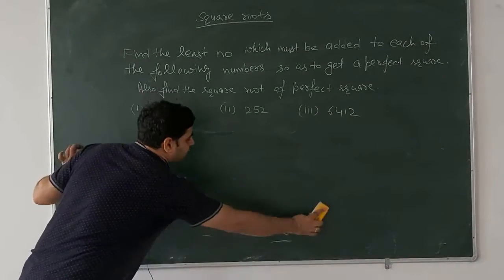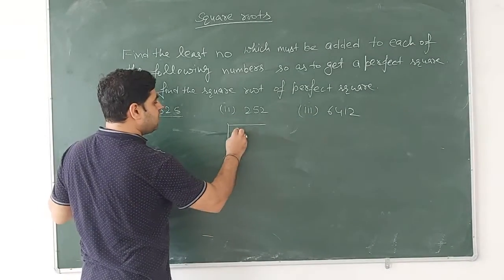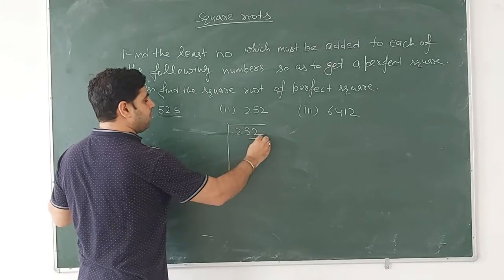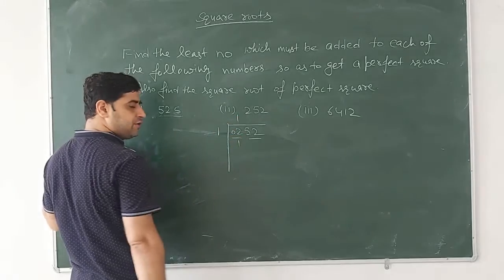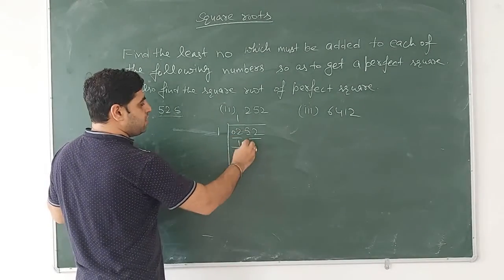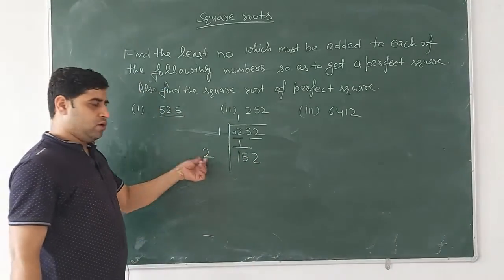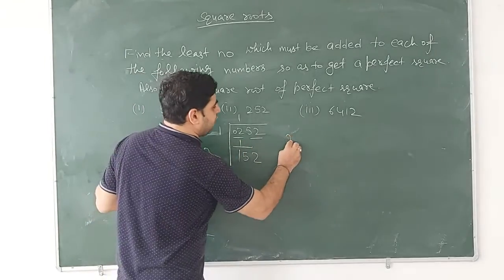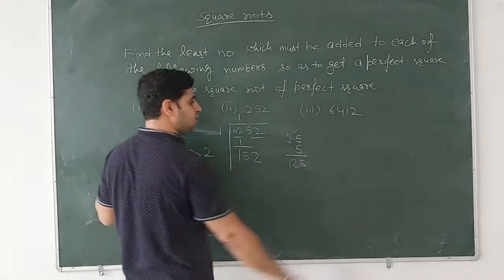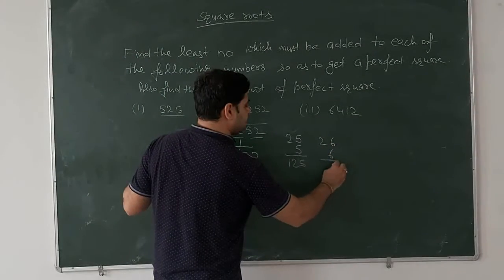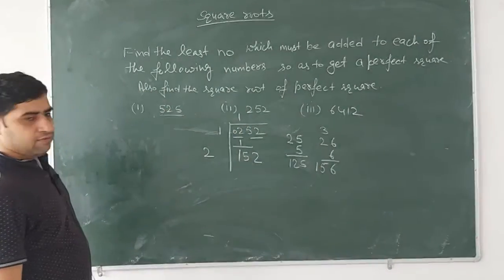The next question we have taken is 252. Make a pair again. Here 2 is there, so 1 square is 1, 2 square is 4. So 1 from 2 is 1, remainder 152. Here we write the same number, 5, 125, 2, 6, 156.